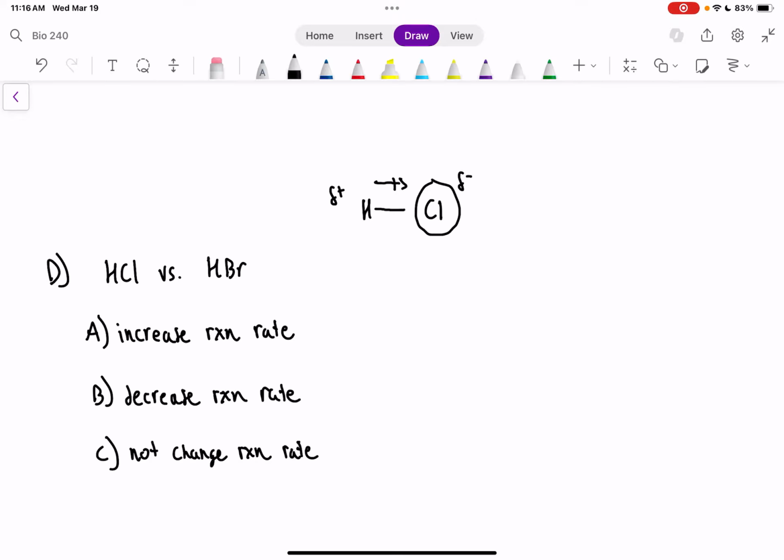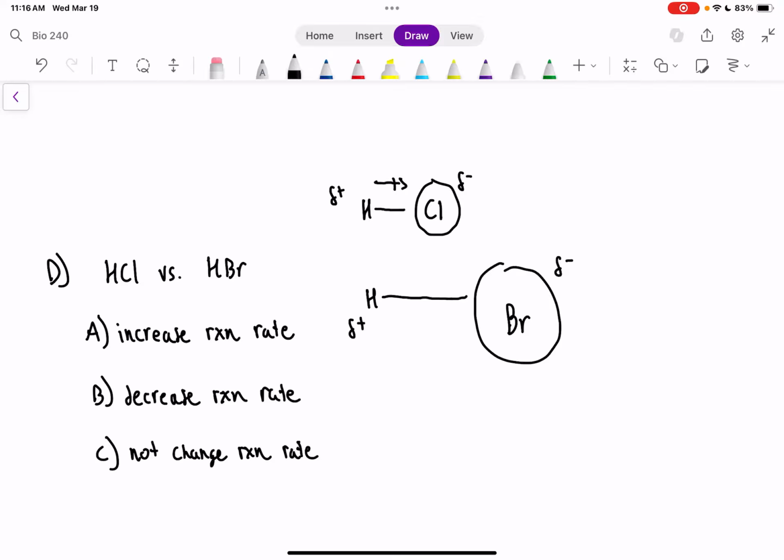But if we compare this to HBr, which also has a partial negative, and H has a partial positive, the difference here is that since Br is so much larger, this HBr bond is significantly weaker compared to the HCl bond.